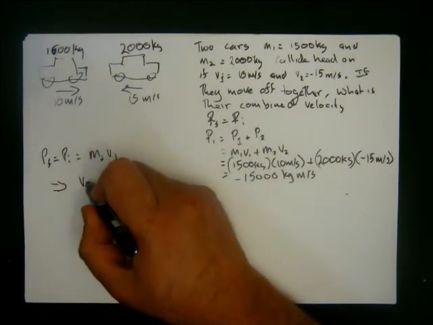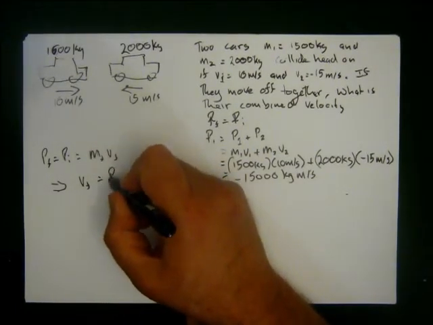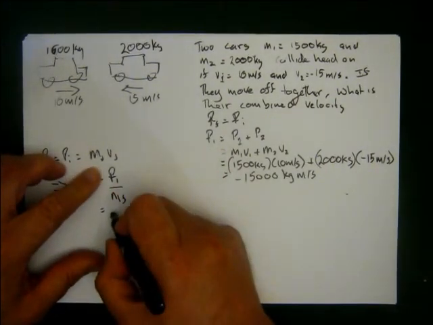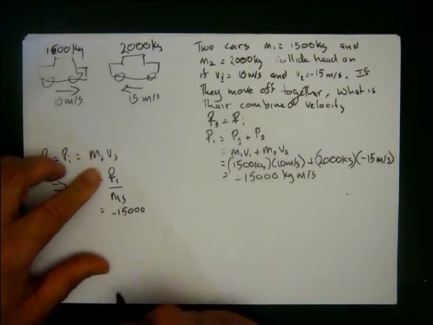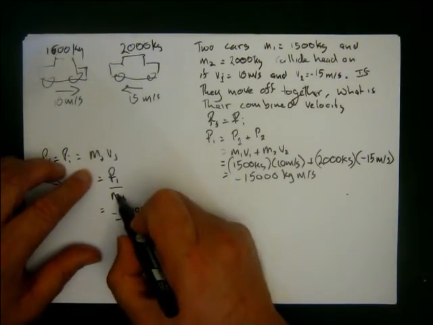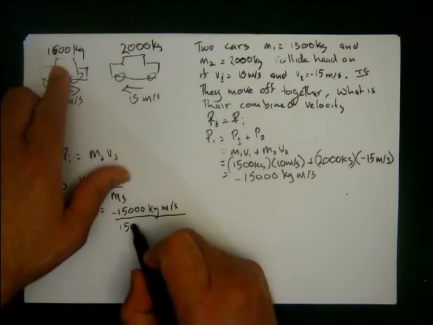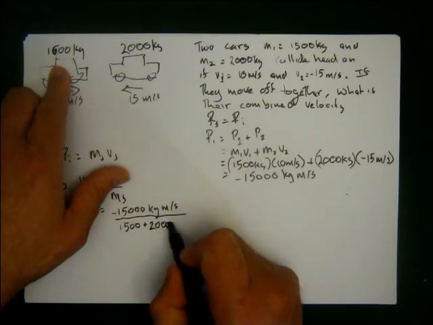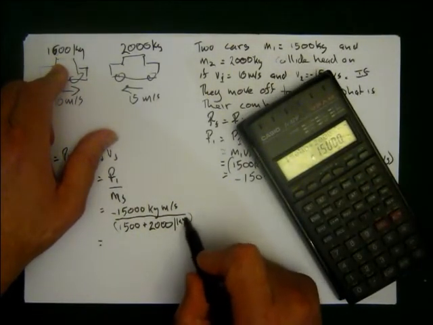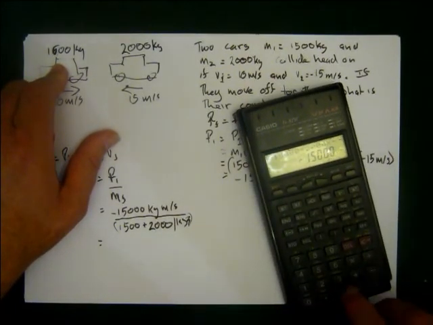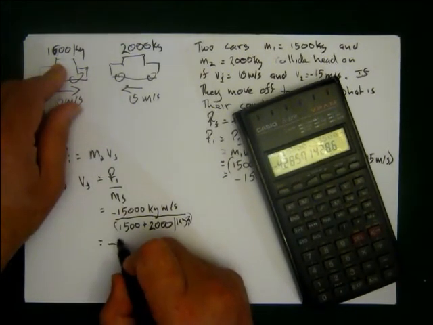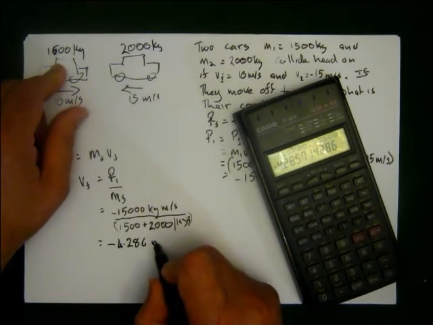So V final equals P initial over mass final, which equals negative 15,000 kg meters per second divided by mass final, which is again 1500 plus 2000 kg, so divided by 3,500, equals negative 4.286 meters per second.